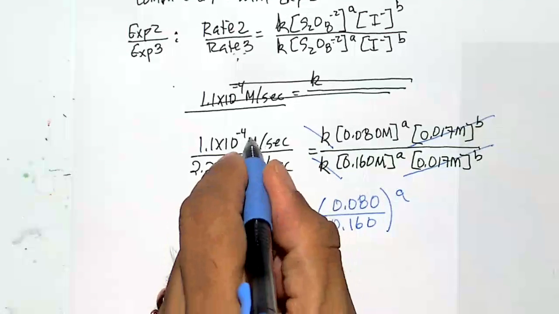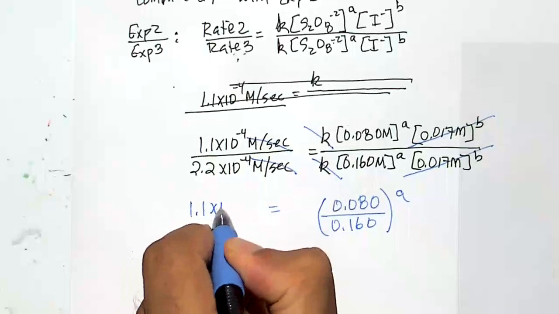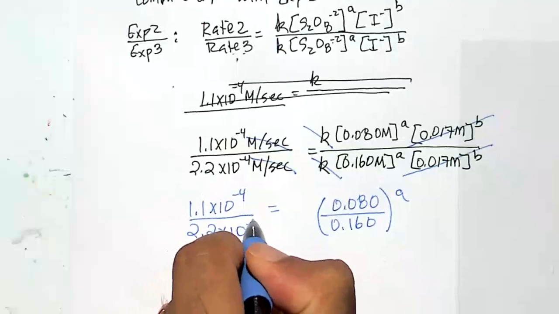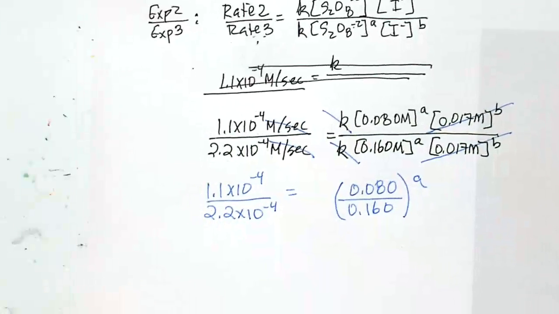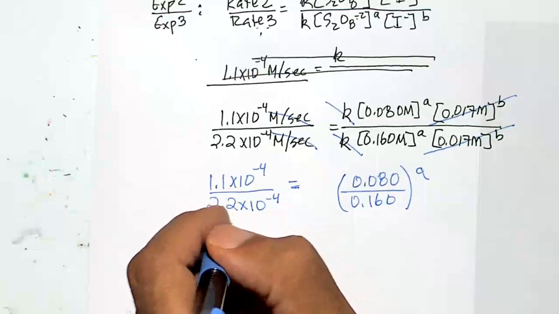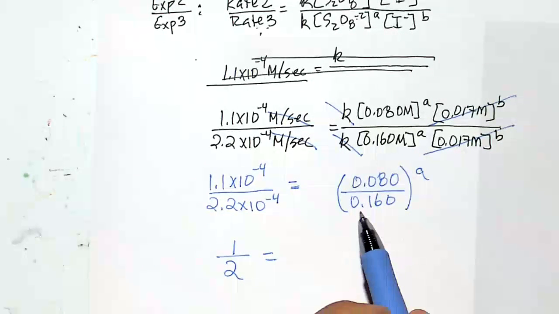I can push those exponents out. What's 1.1 times 10 to the minus 4 divided by 2.2 times 10 to the minus 4? That is 1/2.